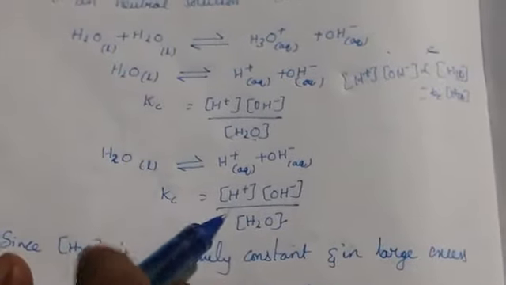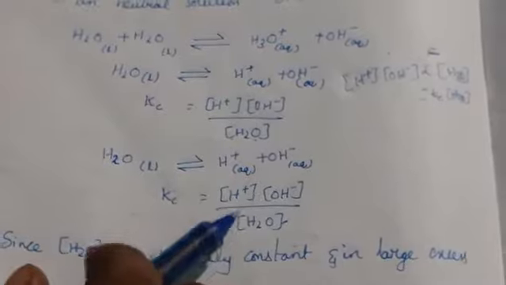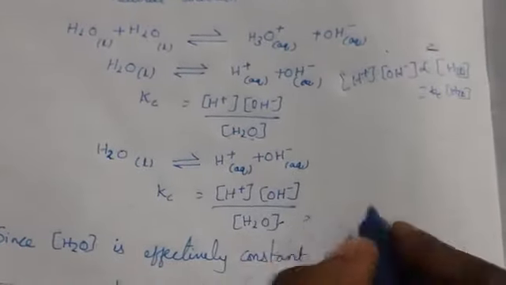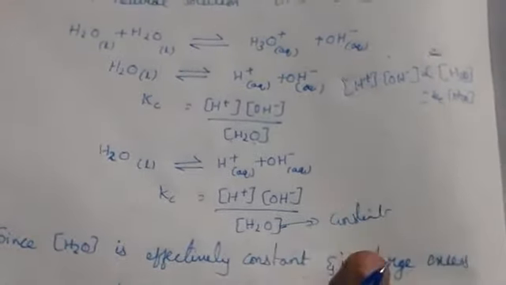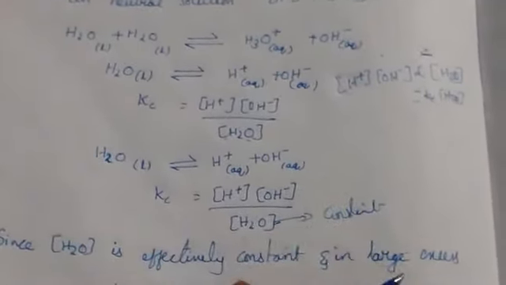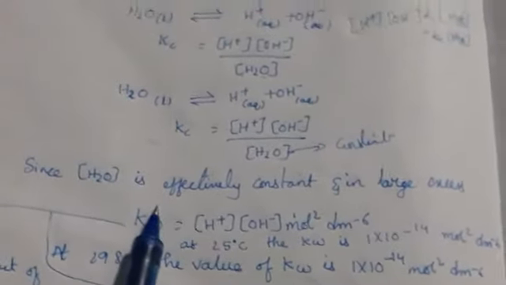Whenever H2O is in large excess, it is taken as a constant. The H2O molecule acts as a constant, so constant into constant gives one more constant. That constant I have written as Kw.